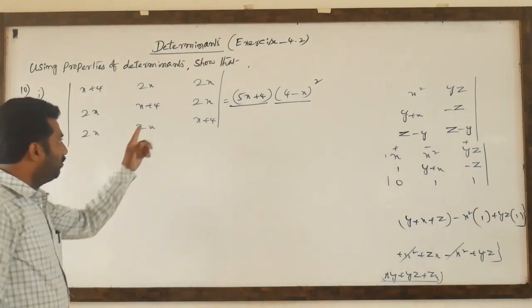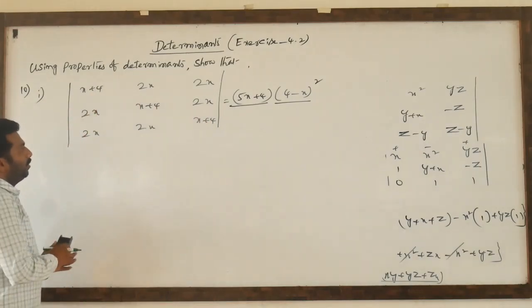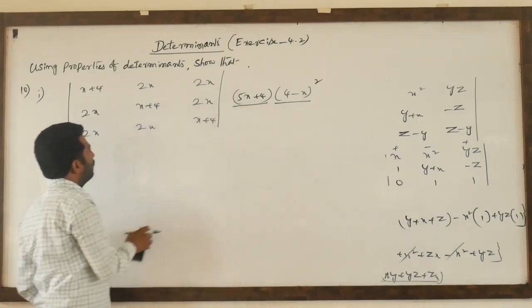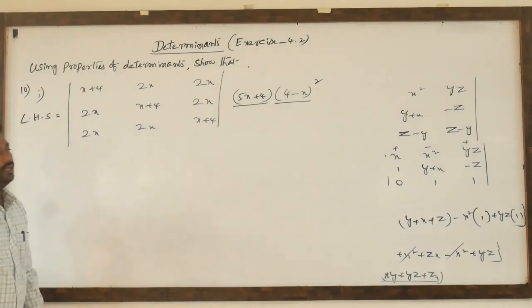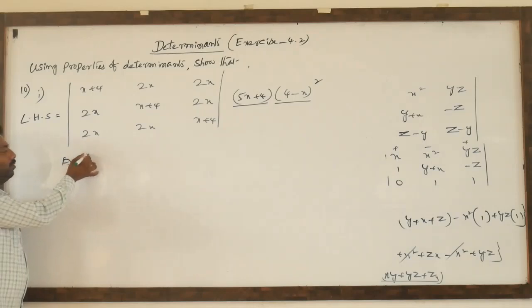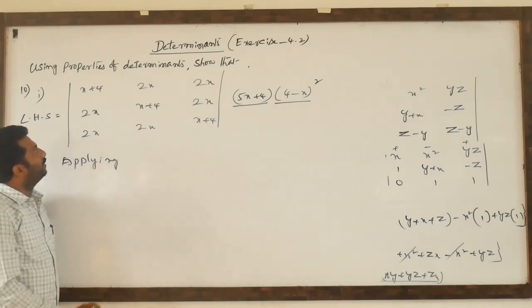If any one of the two terms we get, automatically answer will come. So which operations we have to apply? So this itself I am taking as LHS part, or you can take delta also, no problem. So which are the operations I have to apply to get such type of terms? Applying, see here.